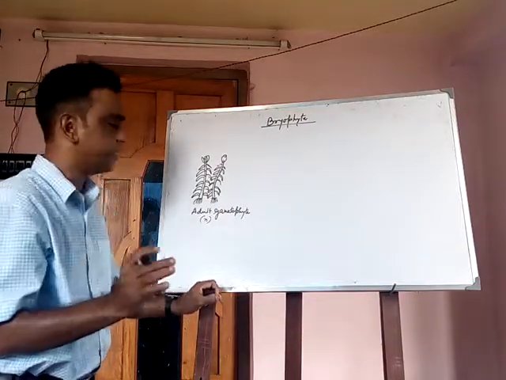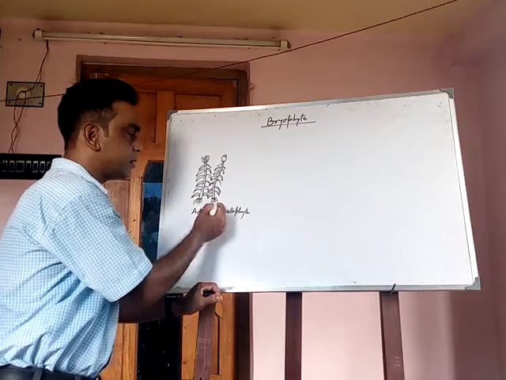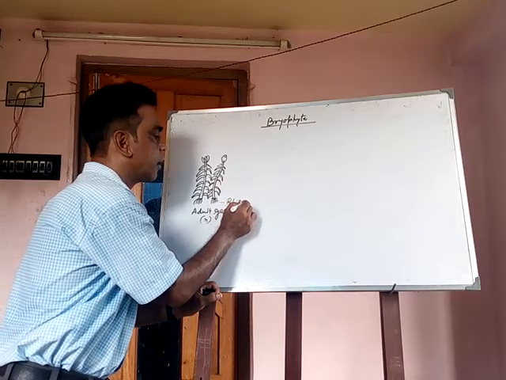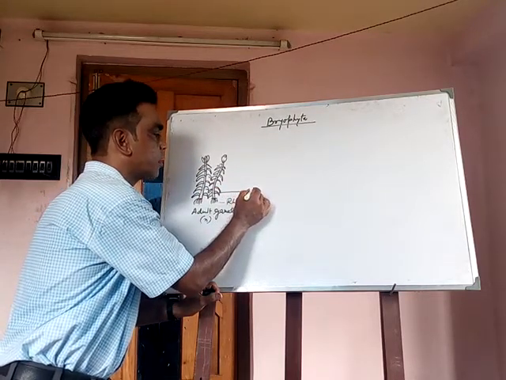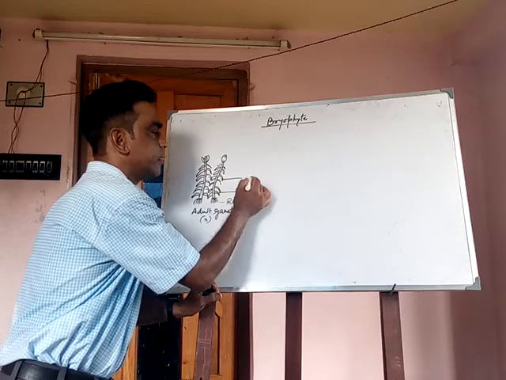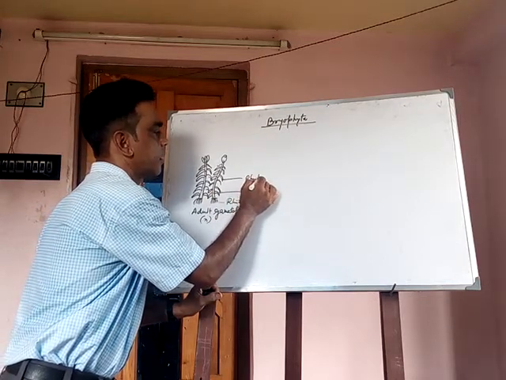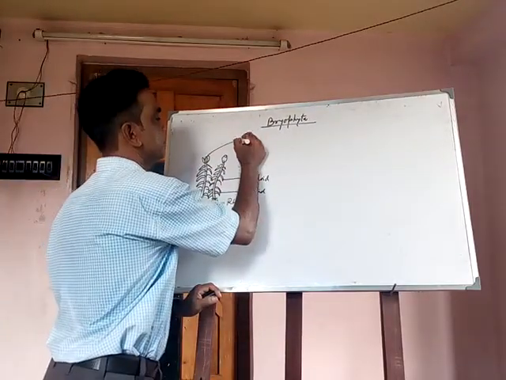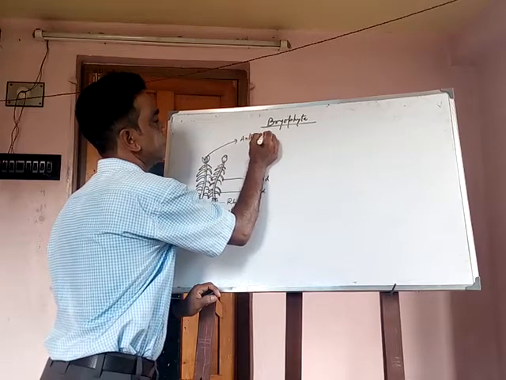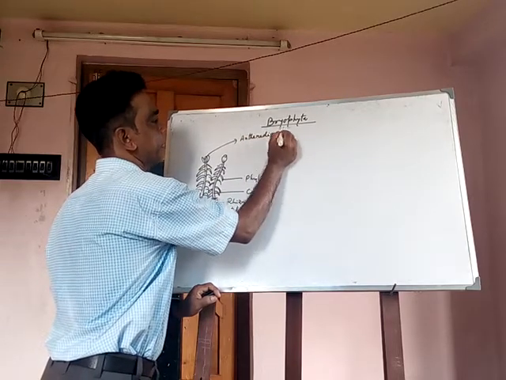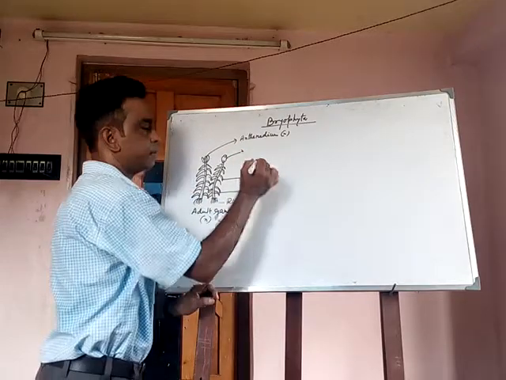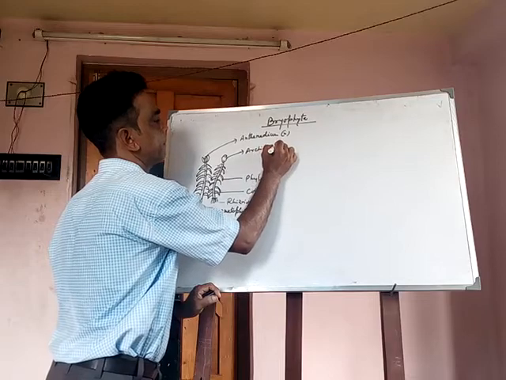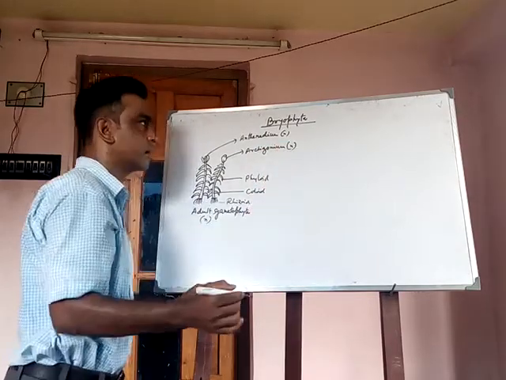They are made by three separate systems, that is the root-like structure, that is rhizoid, stem-like structure, that is caulid, and leaf-like structure, that is phylloid. That is the male body and it produces the antheridium, that is haploid. The female part, that is archegonium, is haploid.